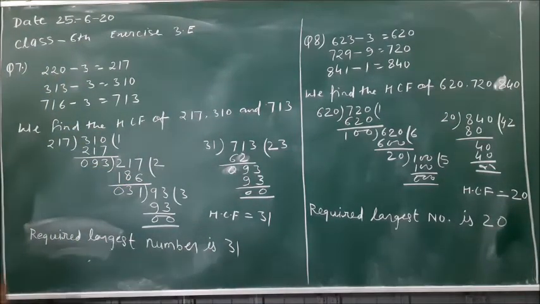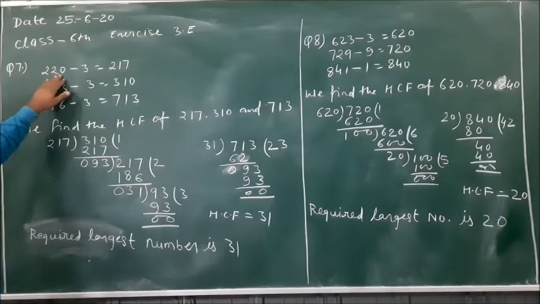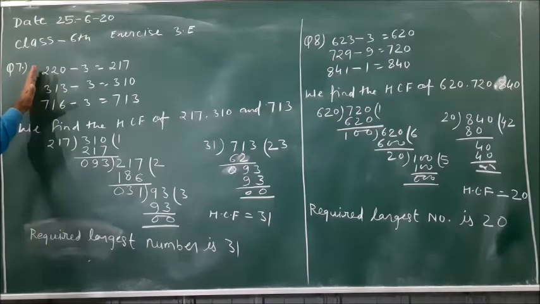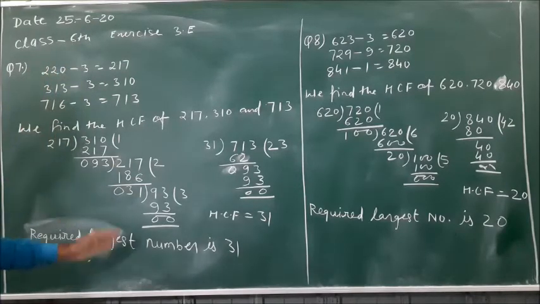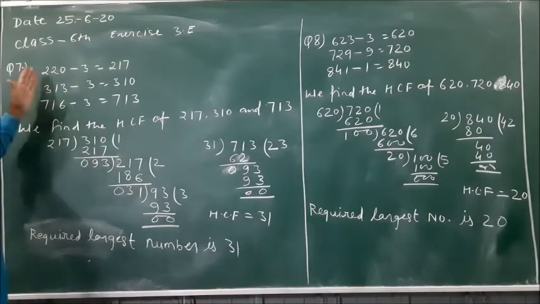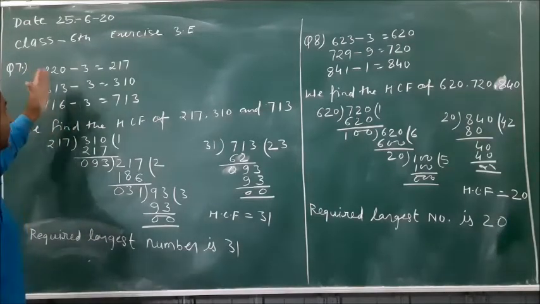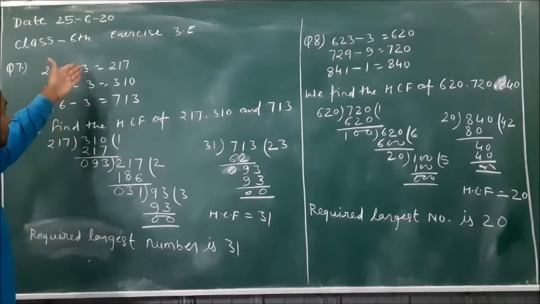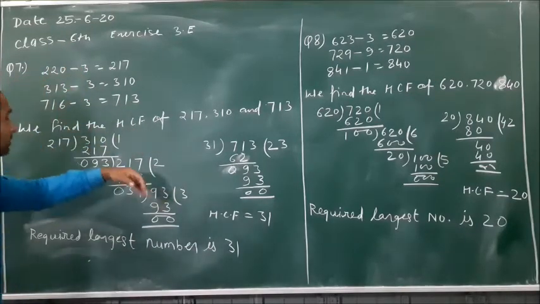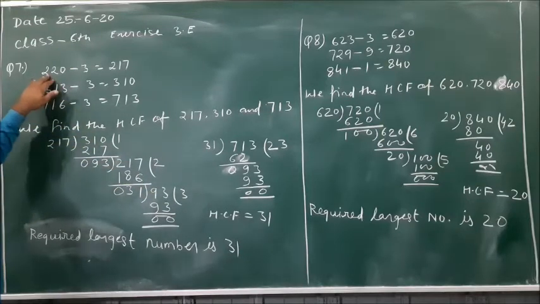So here 220, 313 and 716 are the numbers, but the remainder should be 3 in each case. When we divide these numbers by some number, we find the remainder 3. When we divide 220, the remainder is 3.